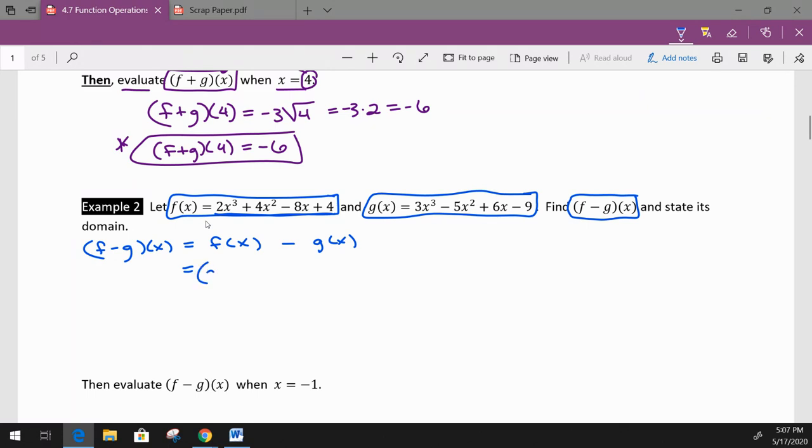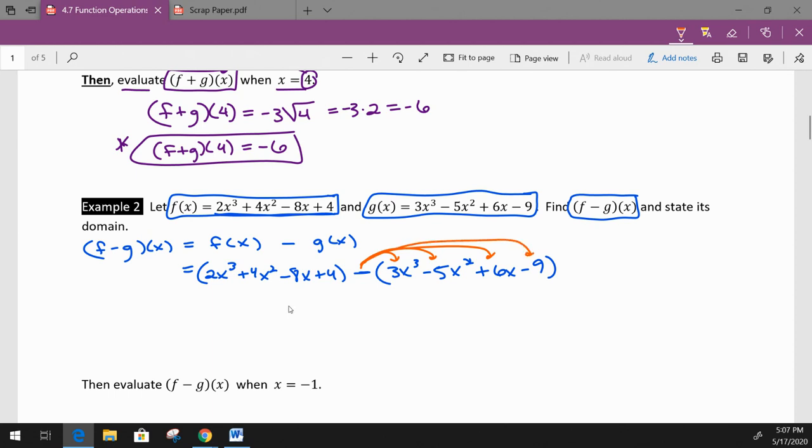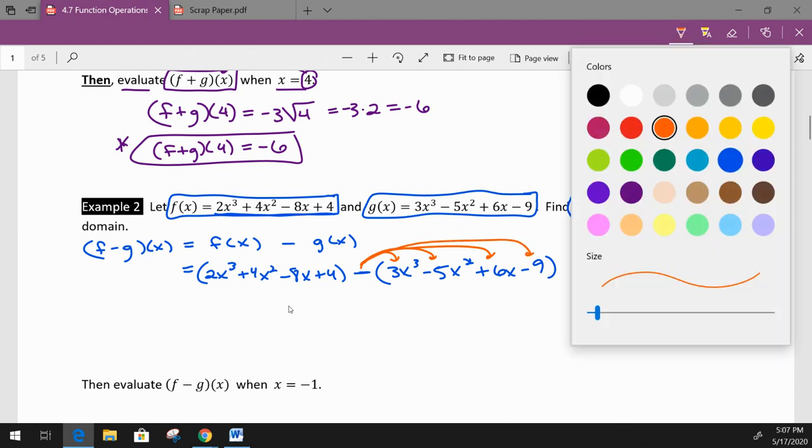So if I put that in parentheses, 2x to the third plus 4x squared minus 8x plus 4 minus the g of x function, which is 3x to the third minus 5x squared plus 6x minus 9. Now be careful when you are subtracting that you don't forget that negative gets distributed and will change the sign of all the terms in the g of x function.